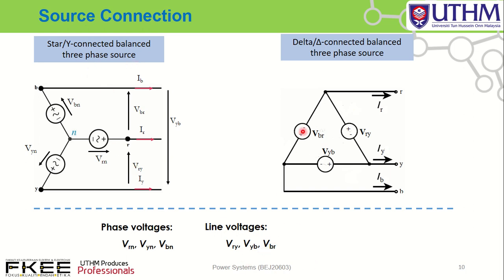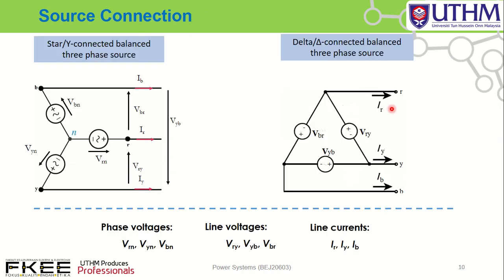But for the delta connected source, this is the line voltage VRY, the potential difference between R and Y.